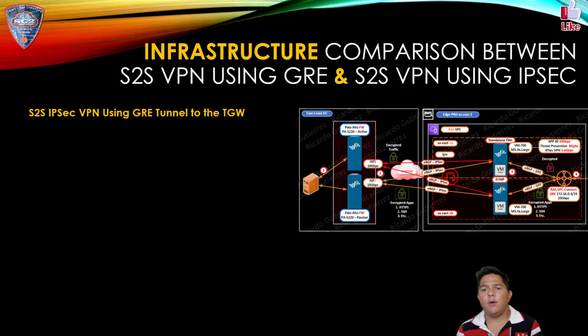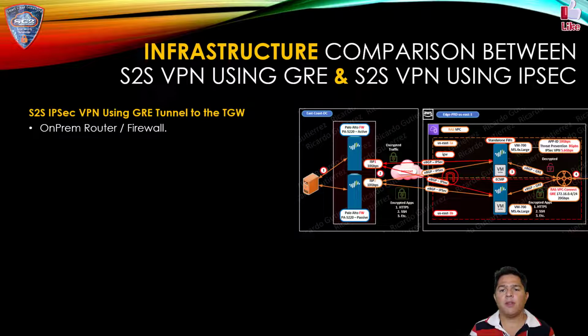Now I'm going to go over the infrastructure comparison between the site-to-site IPSec VPN tunnels and the site-to-site VPN using GRE tunnels to the transit gateway. I will mention all the components that are needed. For the site-to-site IPSec VPN using GRE tunnels to the transit gateway, you need an on-prem router or firewall.